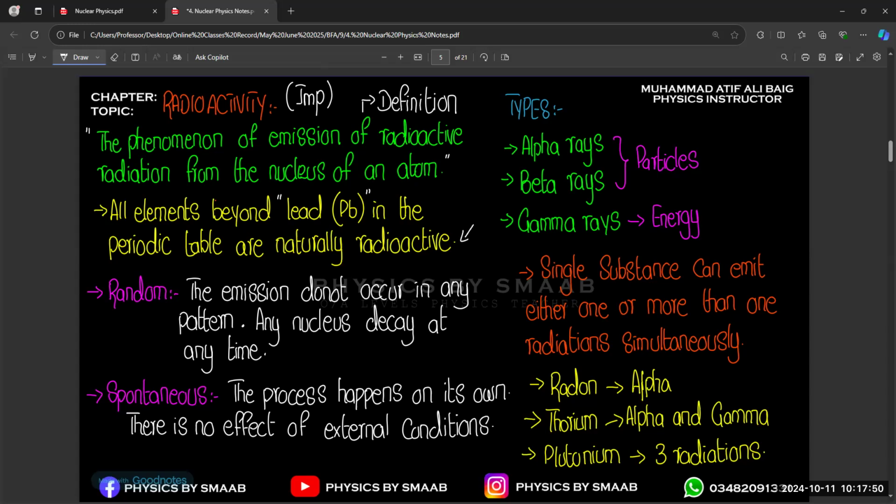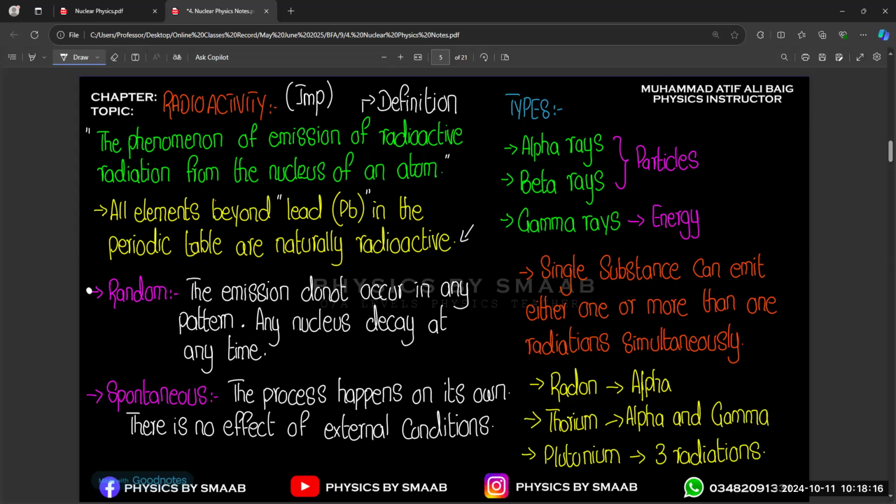Now, the important concept related to radioactivity is that this process is completely random. Random means there is no specific pattern or particular time for it. The emission does not occur in any pattern; any nucleus can decay at any time.